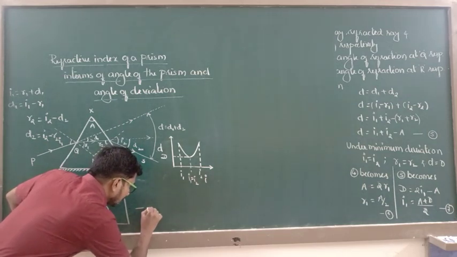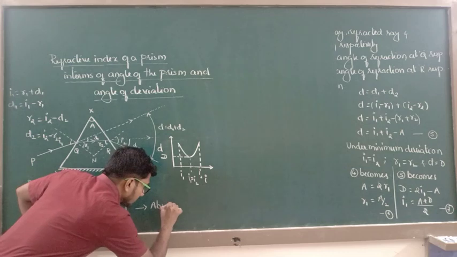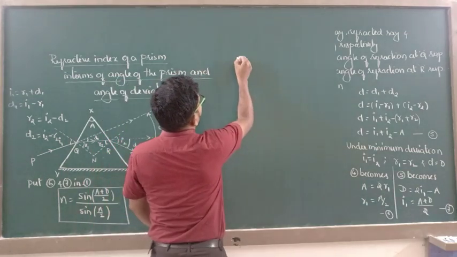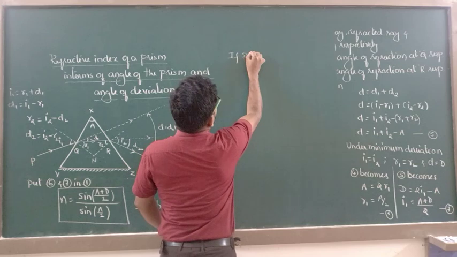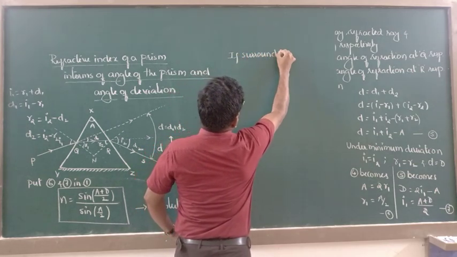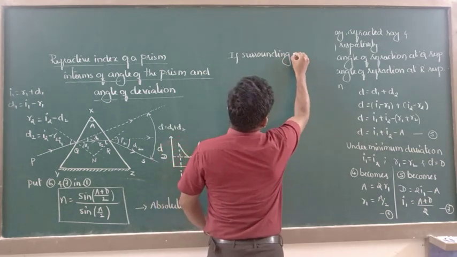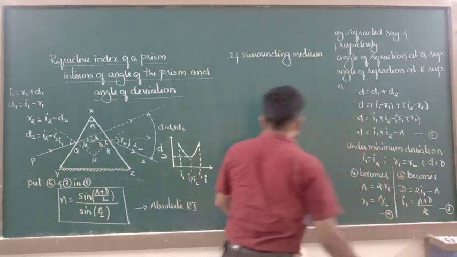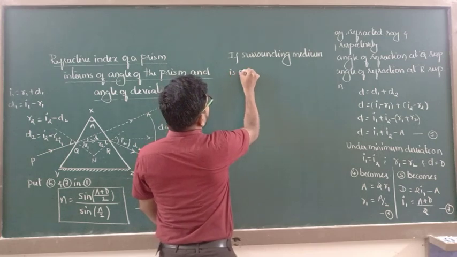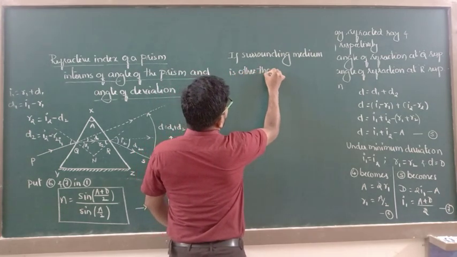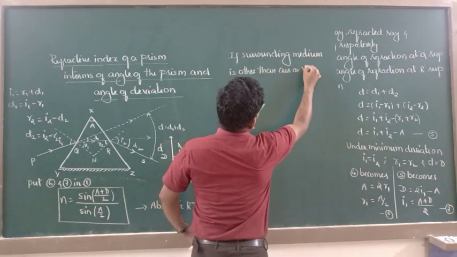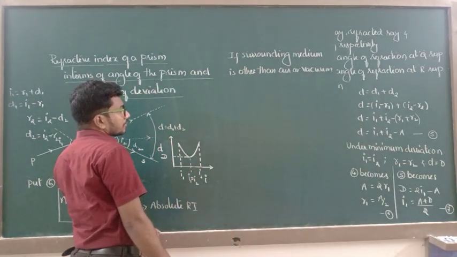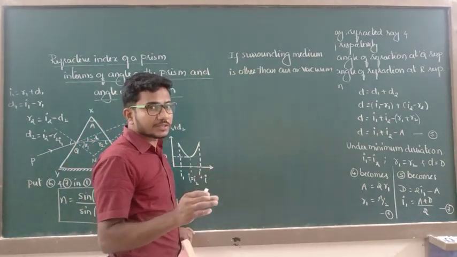so absolute refractive index. If surrounding medium is other than air or vacuum, let us say refractive index of surrounding medium is N1, refractive index of material of the prism is N2.